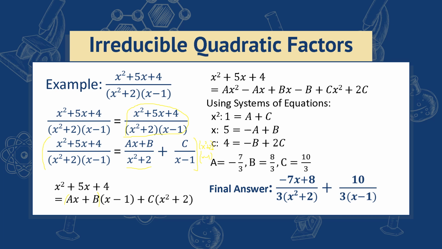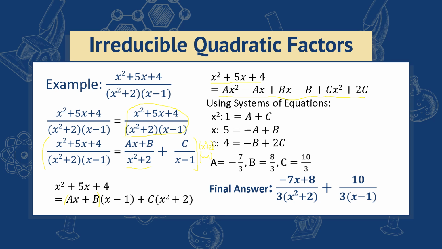Now we would be multiplying the quantity of ax plus b to x minus 1 and the quantity of c times x squared plus 2. After multiplying, we would have x squared plus 5x plus 4 is equal to ax squared minus ax plus bx minus b plus cx squared plus 2c.